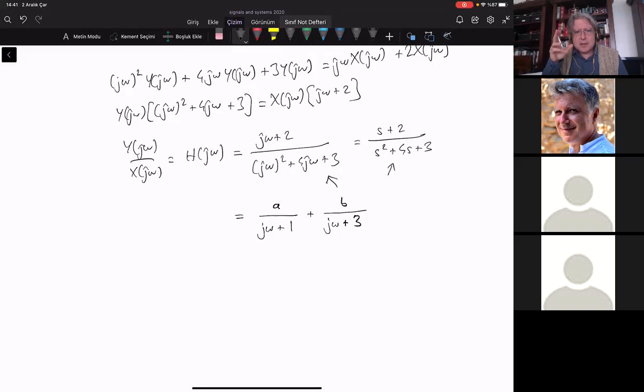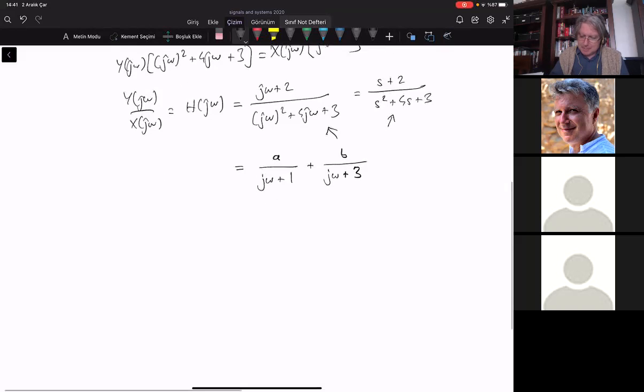Sometimes some students, for example, Salihcan already told me that it is 1 over 2, which is the correct answer, by the way, but I cannot do that by inspection. I usually have to apply this and find A and B separately.